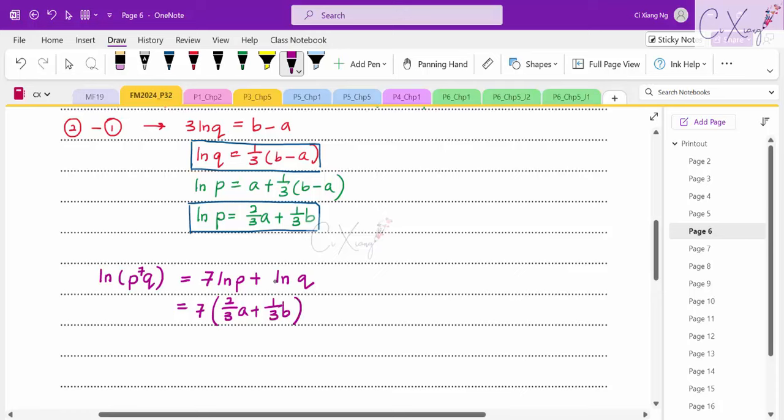So this is my ln p. Then what is my ln q here? It will be 1 over 3b minus 1 over 3a. This is my ln q. You can get it from the top, right? Then further simplify everything.